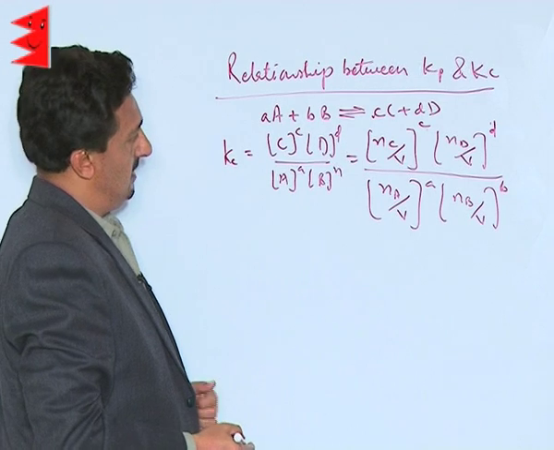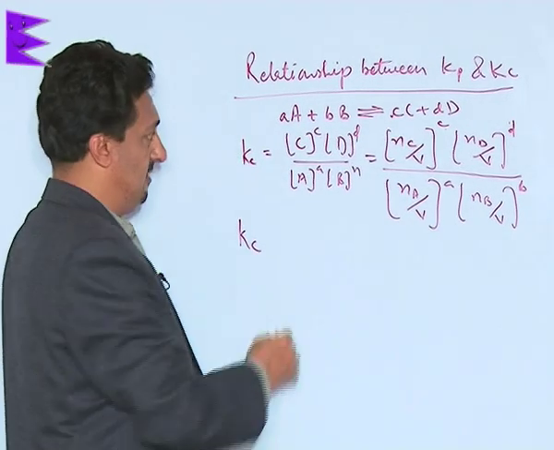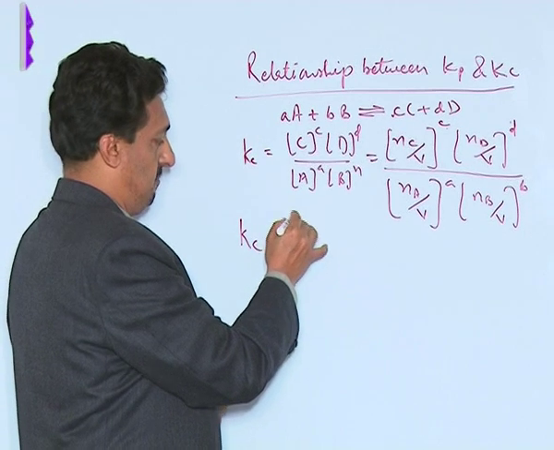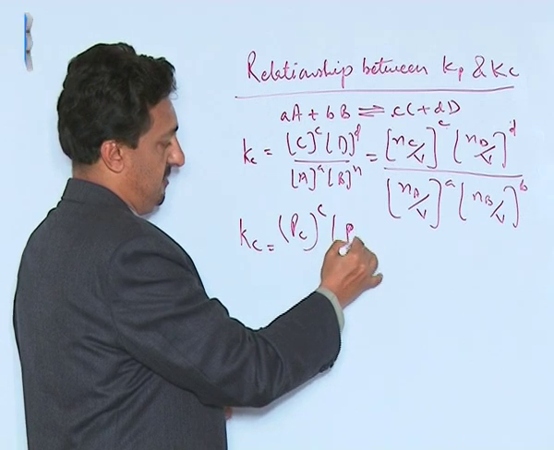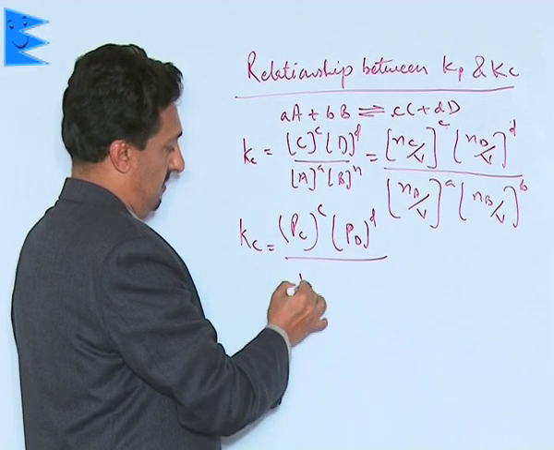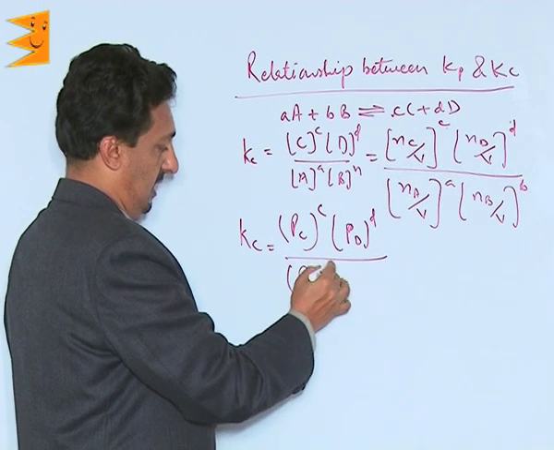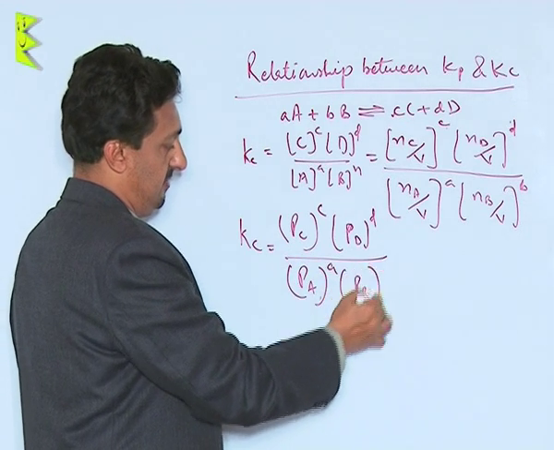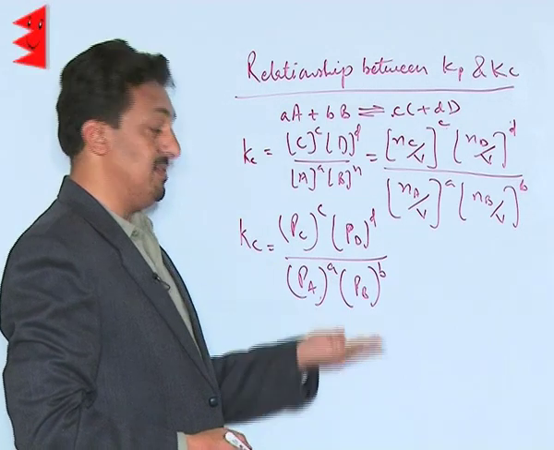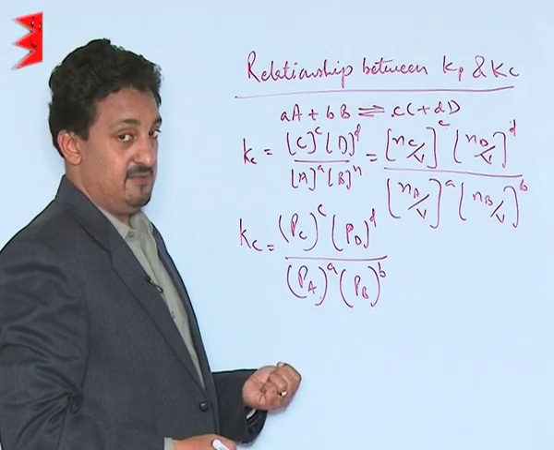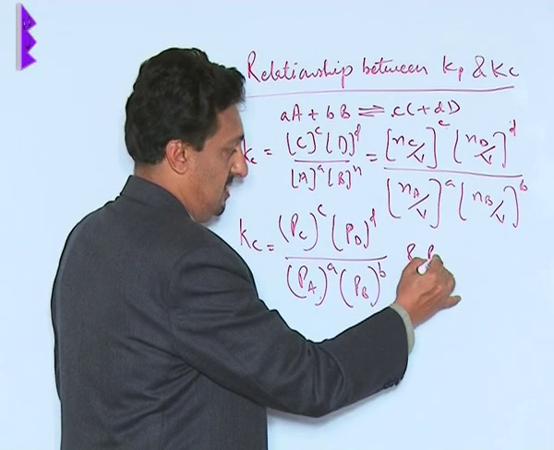Fine. Now, if it is expressed in terms of Kp, we will be writing partial pressure of C to the power c, partial pressure of D to the power d, partial pressure of A to the power a, and partial pressure of B to the power b. Now, these partial pressures can be written in terms of their expressions.